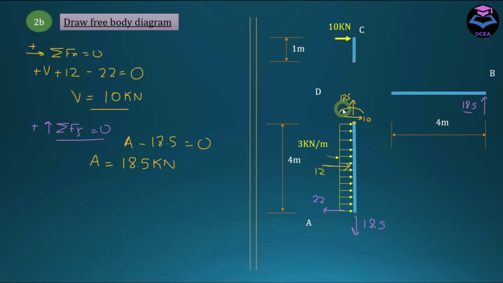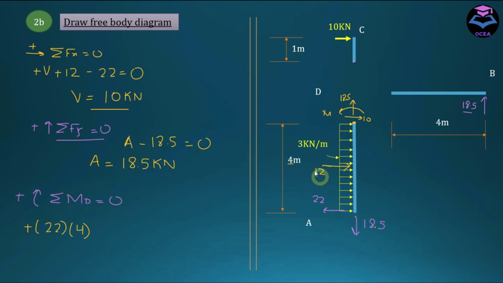Now to determine the internal moment here, apply summation of moment at point D equal to 0, and take clockwise moment as positive. Then we have this 22 kilonewton force, which creates a clockwise moment, so it is positive, and with respect to this point it has a distance of 4 meter.